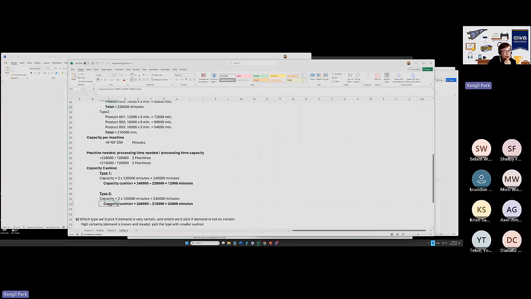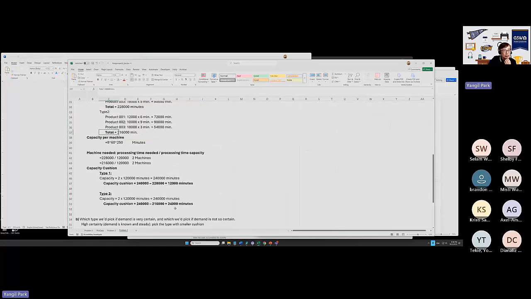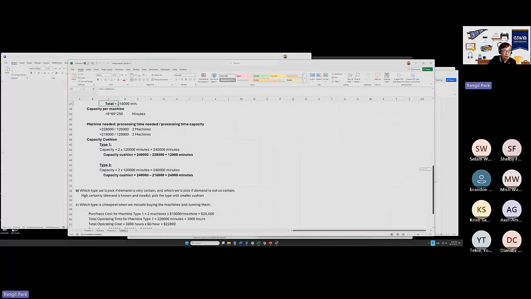And type 2 comes up with 24,000 left over, okay? Again, that's coming from this number. That's the workload. And you subtract it from the capacity, then you'll have 24,000 minutes of cushion.